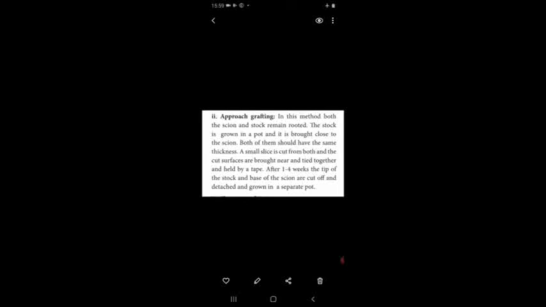In this method, both scion and stalk are rooted, that is, in contact with the soil. So first, one plant is rooted in the soil. Another one is the plant which is going to be grafted. Here, both scion and stalk remain rooted.